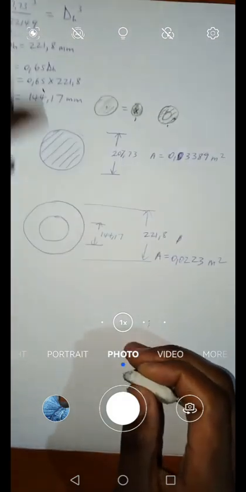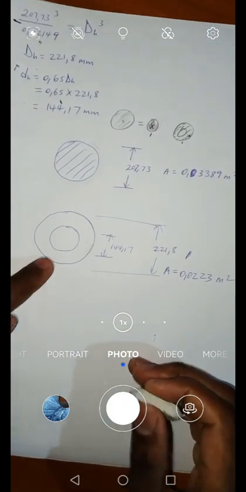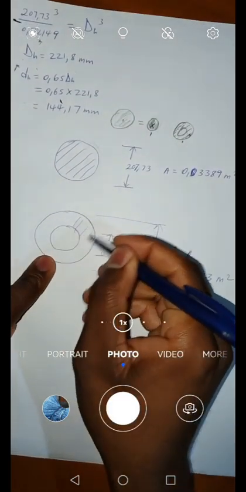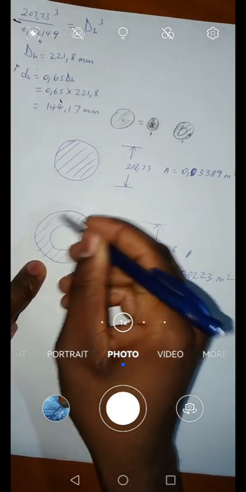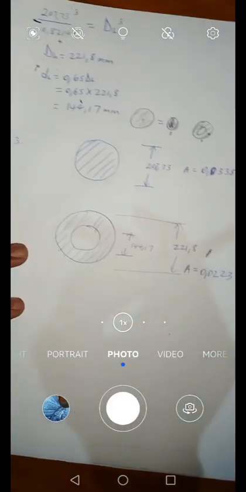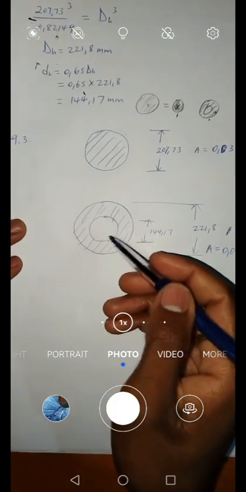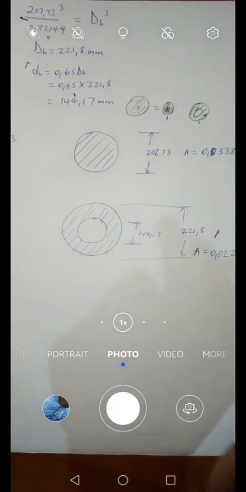So the amount of material that will be used here will be more compared to the amount that will be used here. Here we will use less material. Therefore, by using the hollow shaft, you've saved material.